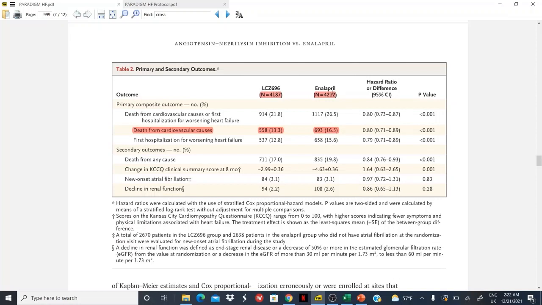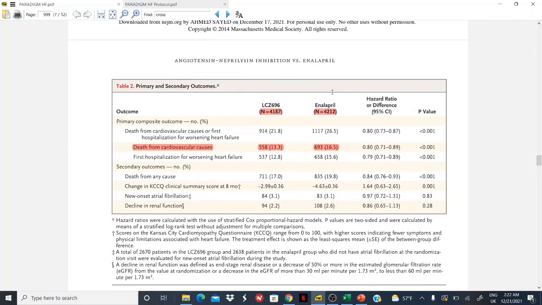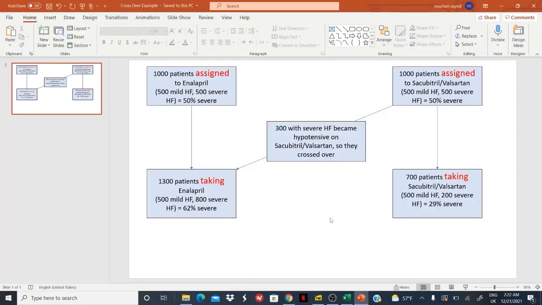Now, let's assume that we had a trial whereby a number of patients crossed over and they did not use intention to treat. They analyzed them according to the per protocol approach, right? How would we judge a scenario like that? Well, the way we judge a scenario like that is according to the number of patients who crossed over. So in our previous example, 300 patients had crossed over, and that caused a really severe imbalance in the baseline characteristics.